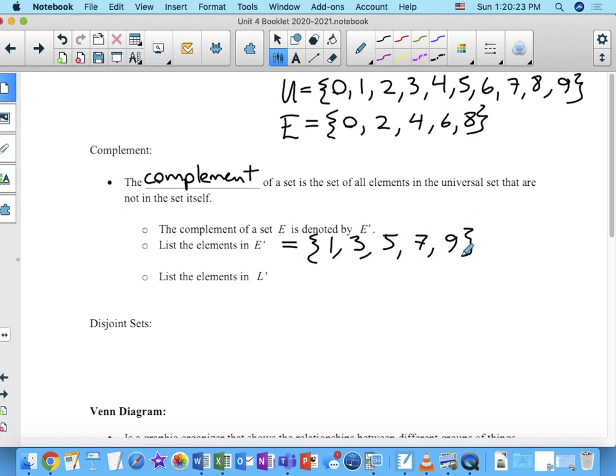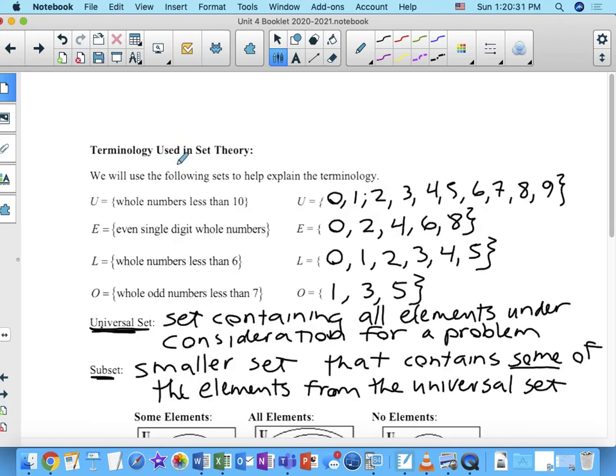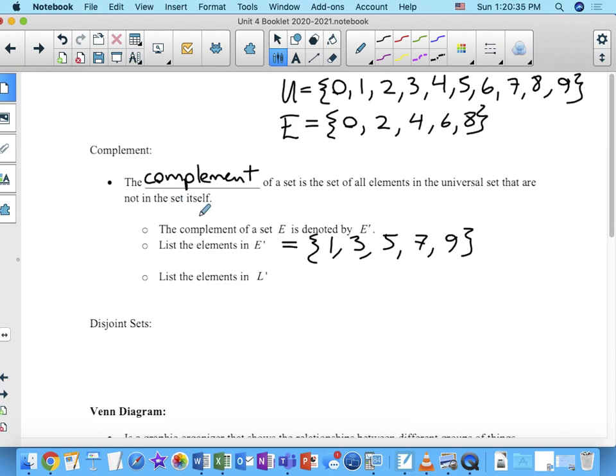Okay, and then list the elements in L complement. Well, L, I can't remember what L was. L was whole numbers less than 6. Okay, so if L is whole numbers less than 6, that was everything up to 5: 0, 1, 2, 3, 4, 5.